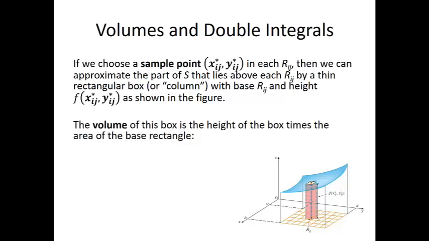The volume of this box is the height of the box times the area of that base rectangle. Now, the height of our box is our function evaluated at the sample point. And the area of the base of this box is that delta A.